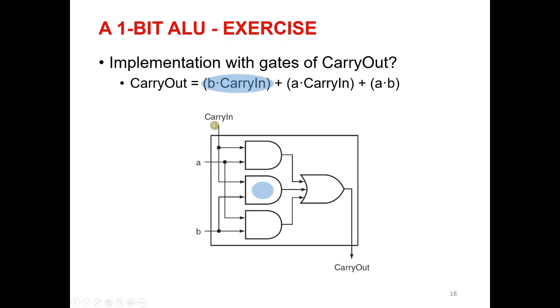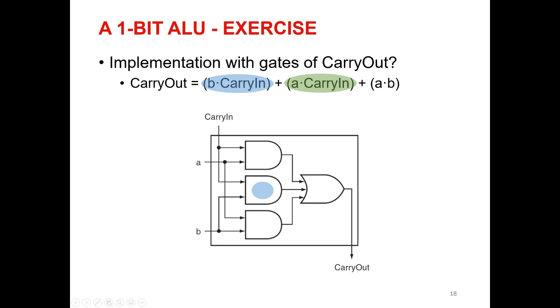So we have the carry in here and the B here. Remember that these black dots are like bifurcations. We don't have to confuse those with the bubbles which are for the inverter. So this means that the carry in goes here and here. So it's an extension of the signal. Okay. So then here we have carry in and B, and here we are doing an AND.